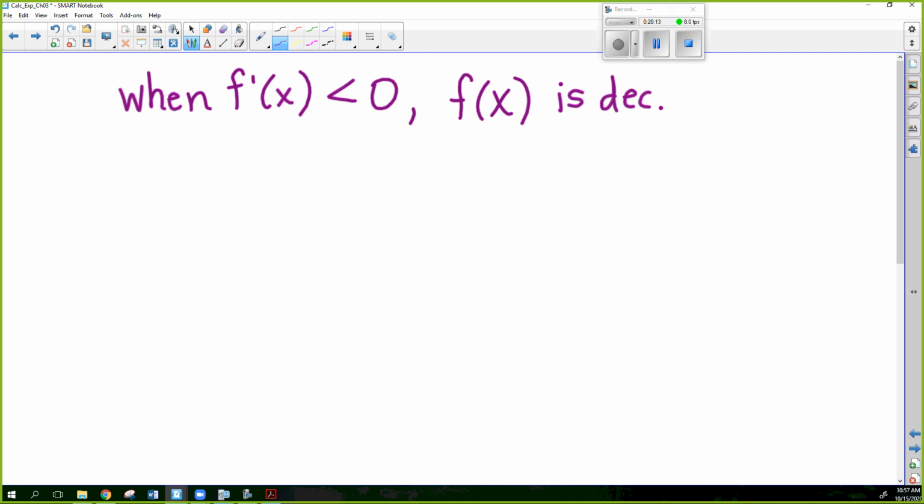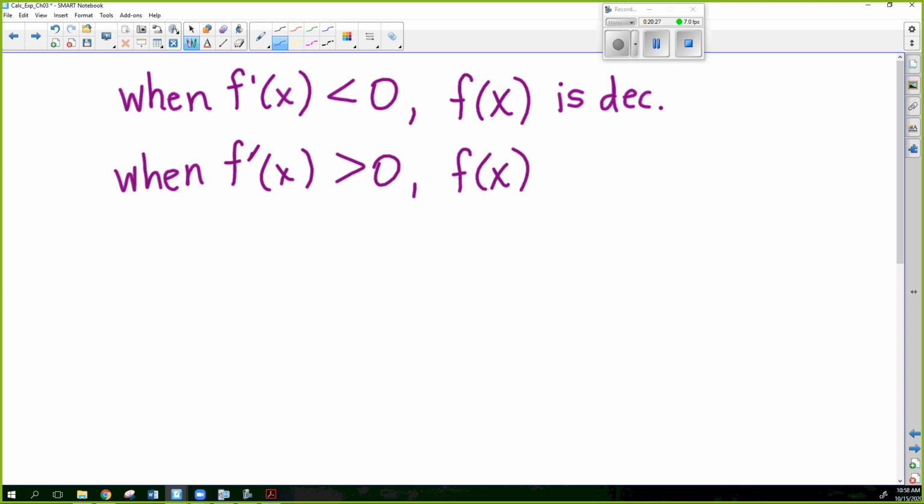And when the derivative is positive, how can I write that in math symbols? Greater than 0. What was happening on f? It was increasing, or in our problem, the door was opening.